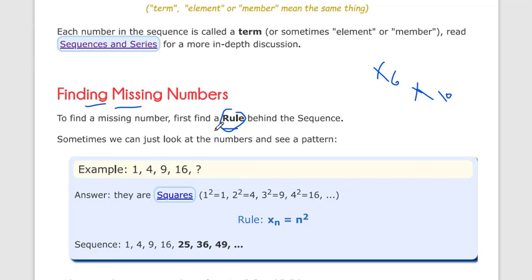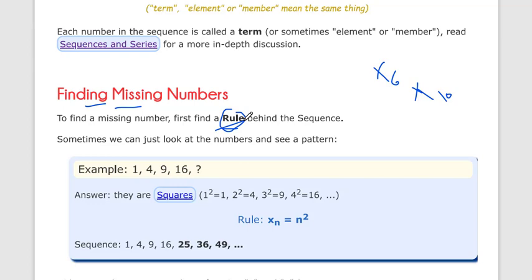So first of all we have to find the rule of the sequence. For finding the rule, we have to see the pattern, how the sequence has been made. It is addition, multiplication, division, subtraction. We have to find out the pattern in the sequence.